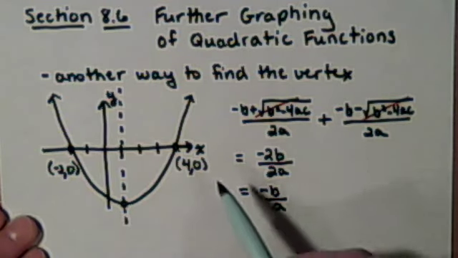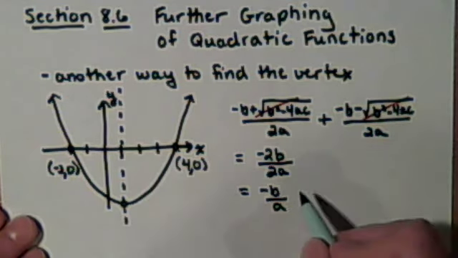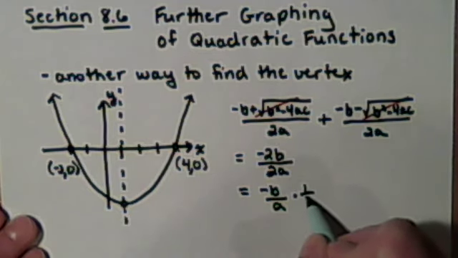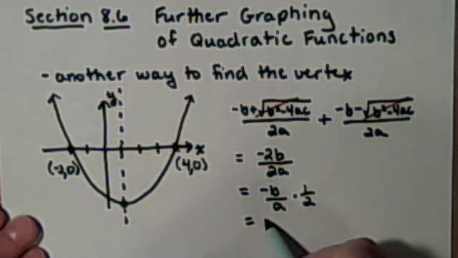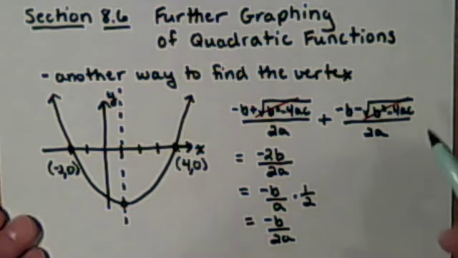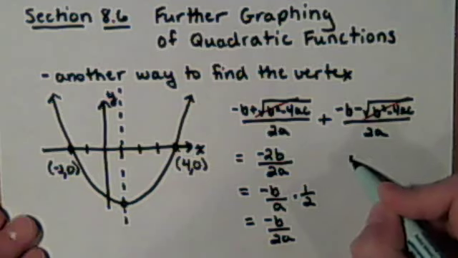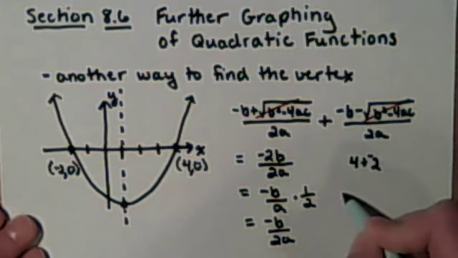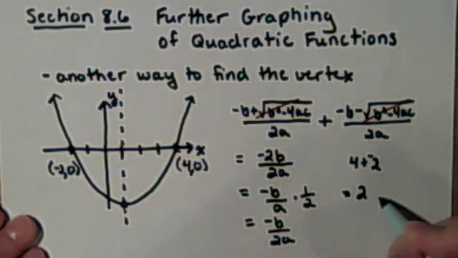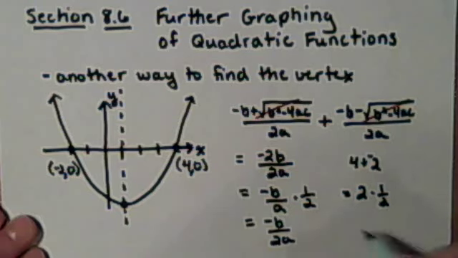But to find the midpoint between those two, I actually would need to take half of that value. And so what we end up with then is the opposite of b over 2a. So again, if I took my 4 plus my -2, I end up with a 2, and if I take 1/2 of that, I end up with 1.